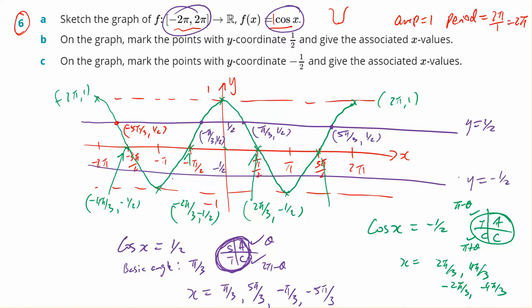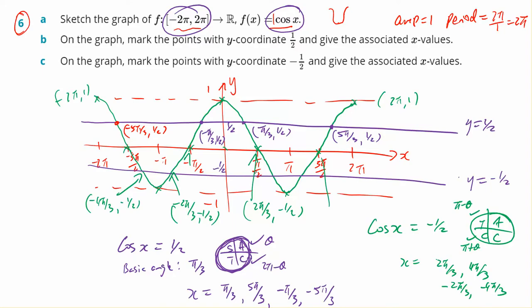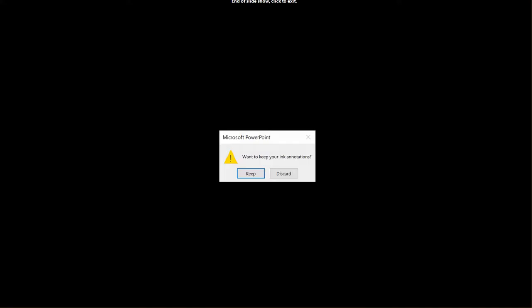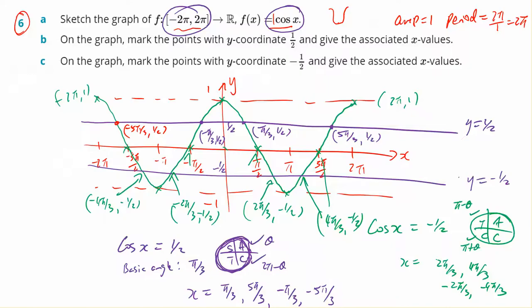It should be here, and this should be referring to here with the intersect. And finally, this would be 4 pi on 3, negative half. Like that. So hopefully that gives you an idea of what the question's actually asking you to do.